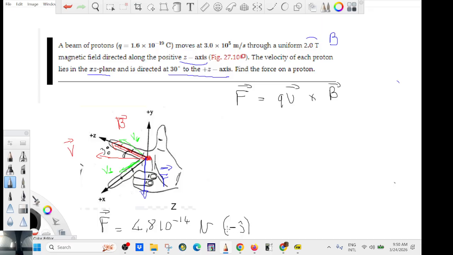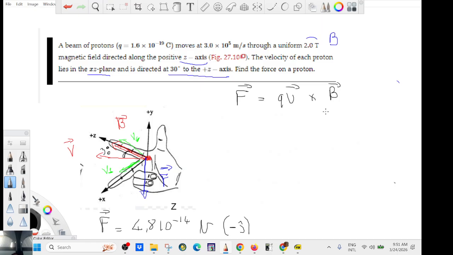Because the multiple choices will ask you, okay, which direction? It's down, so minus j hat along the y-axis. So if it was an electron moving, it will be plus j hat. Okay, so that will be the final answer.